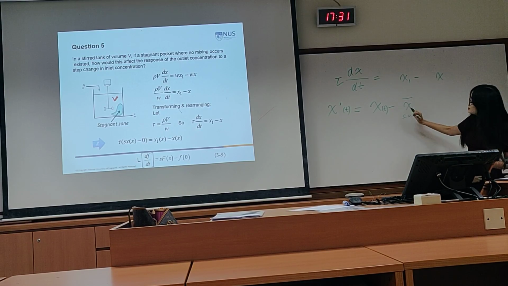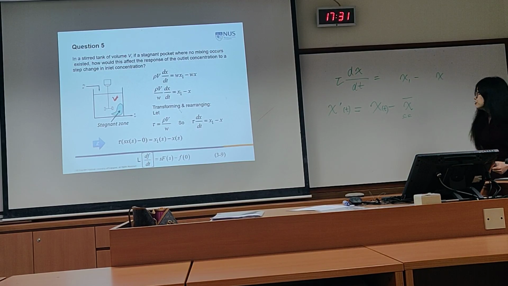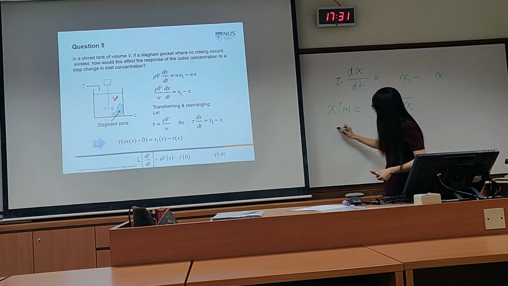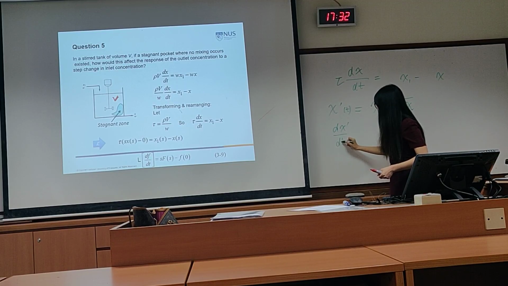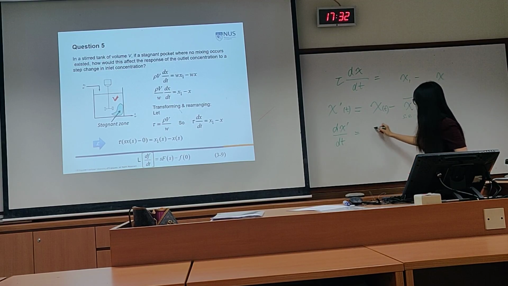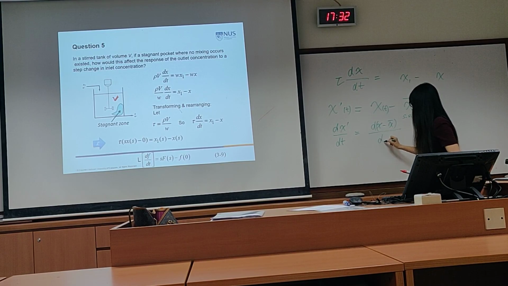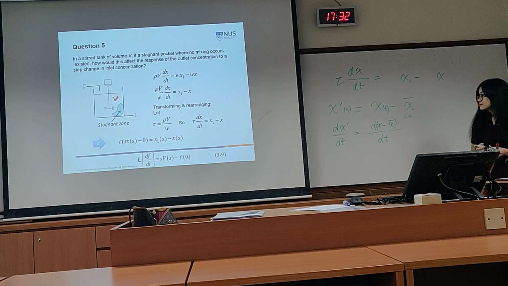With this new definition of the deviation variable, if we take the derivative on both sides, we know that dx prime over dt equals d(x minus x bar) over dt.